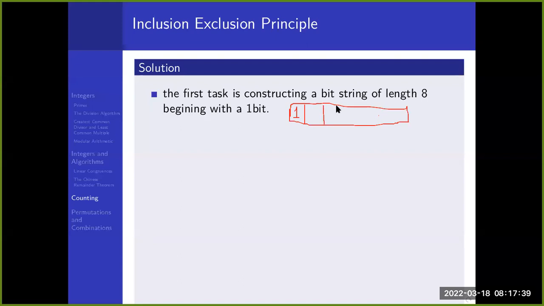For these remaining 7 slots, you can pick anything you want, either a 1 or a 0. It doesn't matter. So you have 2 ways to fill in each of the remaining slots, right? If you use the product rule, the number of bit strings of length 8 that begin with a 1 will be, if you multiply all these, 2 raised to 7, right?